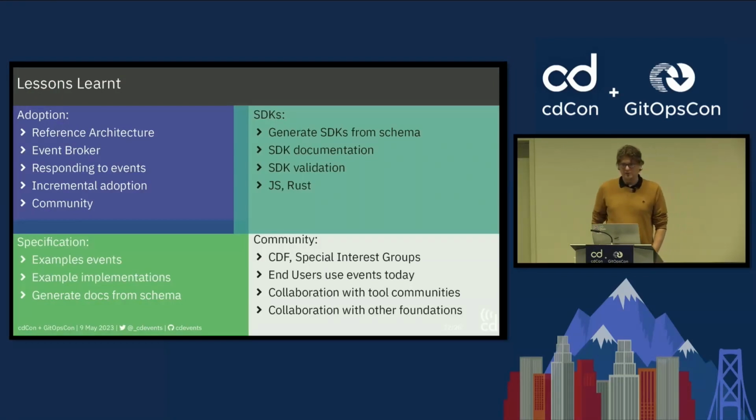So what did we learn working with all these communities and integrating into tools? Well, one of the questions that maybe I got asked the most is, okay, so we can get events into the tools, but how do we combine the tools? So what is the reference architecture? This is one of the main questions that we got a lot.